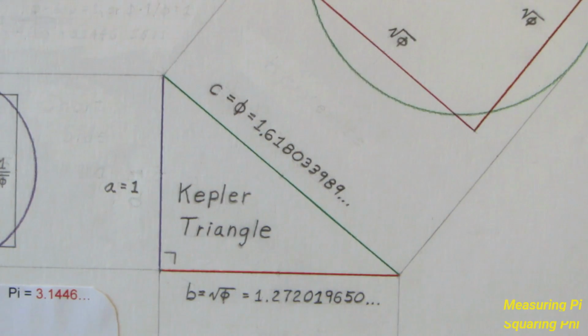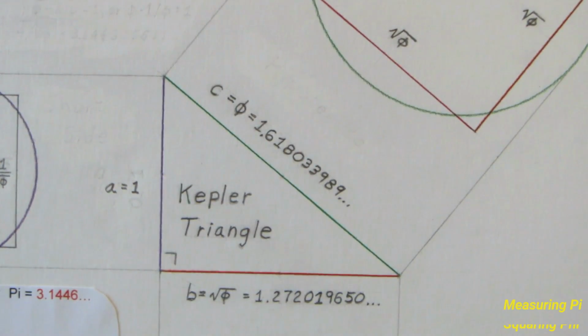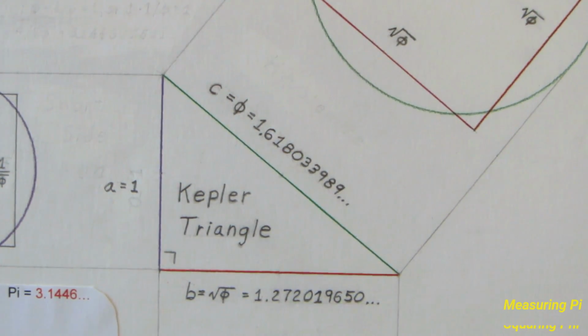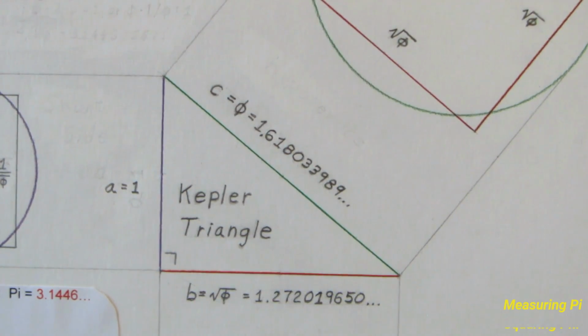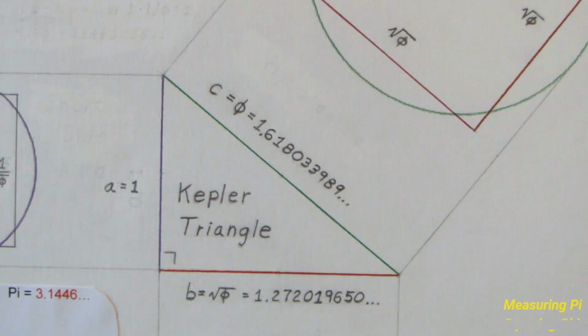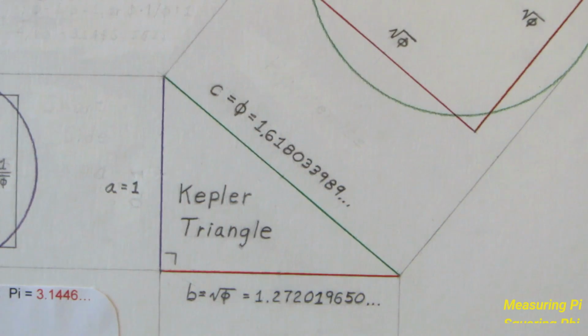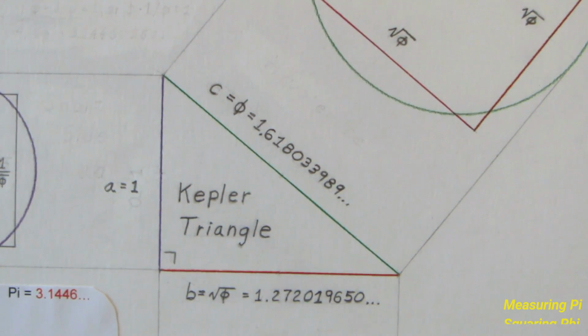Numerically, the golden ratio phi is equal to 1.618033989, out to 9 decimal places, and it's represented by the Greek symbol phi, which looks like a 0 with a line through it. The square root of the golden ratio is equal to 1.272019650, out to 9 decimal places, and it's represented, of course, by the symbol square root of phi.